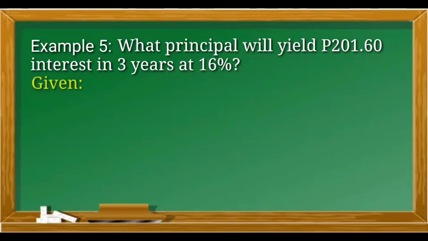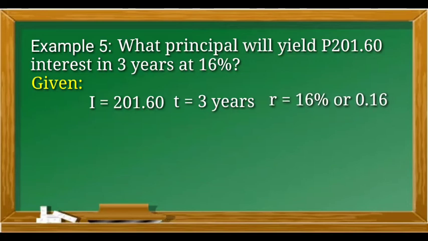So, the given are I equals 201.60, T equals 3 years, and R equals 16% or 0.16. We will just substitute the values in the formula.